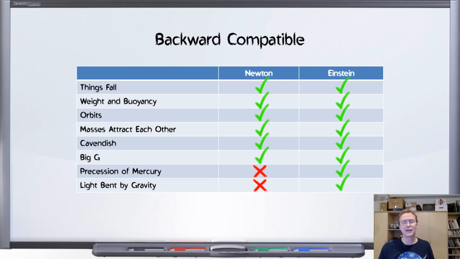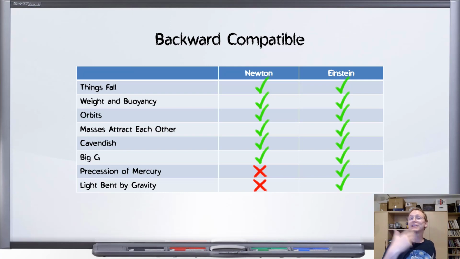So what am I saying here? I'm saying, and you can see it in the chart, Einstein's field equations are 100% backward compatible with everything about Newton's laws that worked. Everything about Newton's laws that already worked must continue to work into the future.